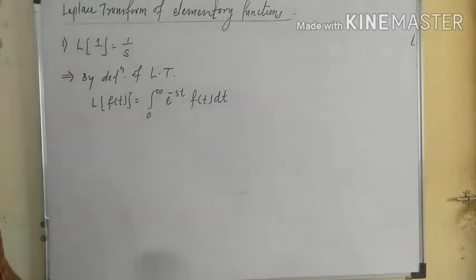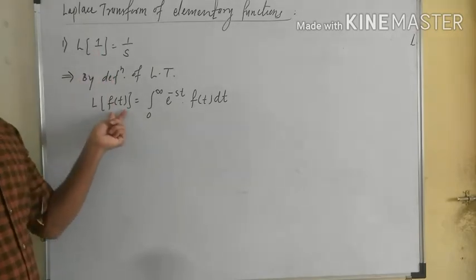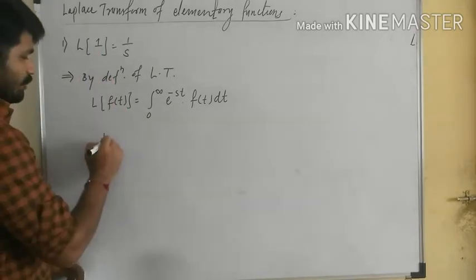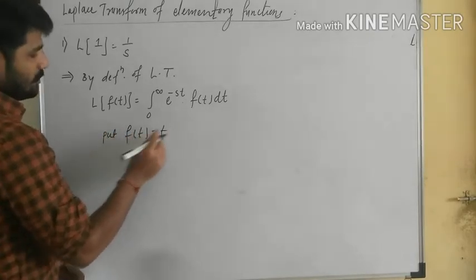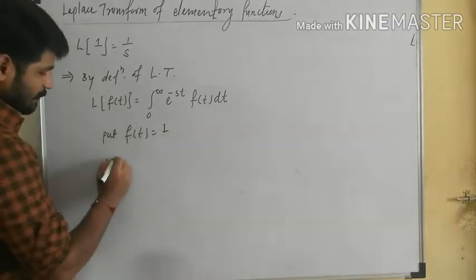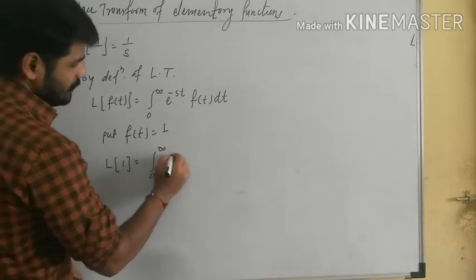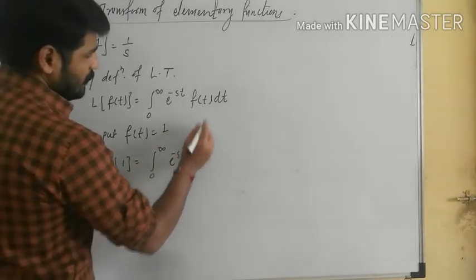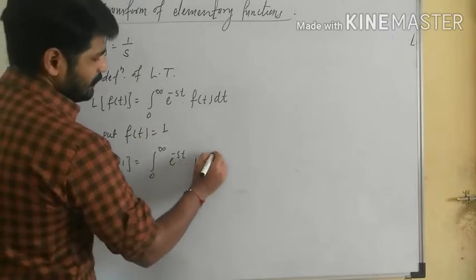Now we have to calculate Laplace of 1, so we take f of t is equal to 1. So we can write Laplace transform of 1 is equal to the integral from 0 to infinity e raised to minus st into f of t. But what is the value of f of t? That is nothing but 1, into dt.